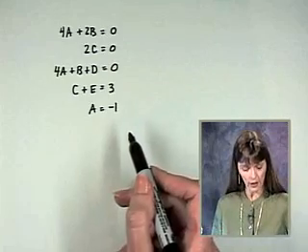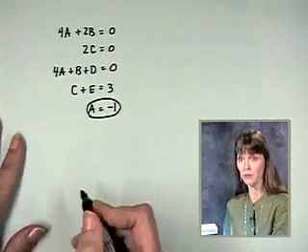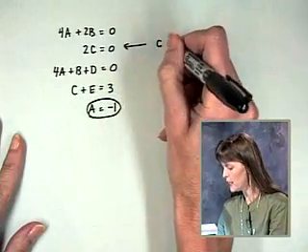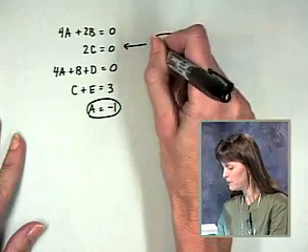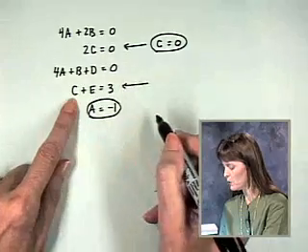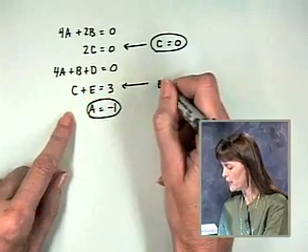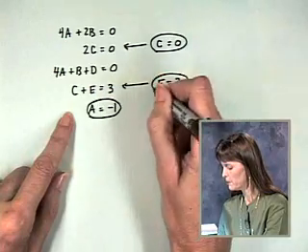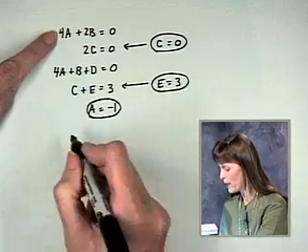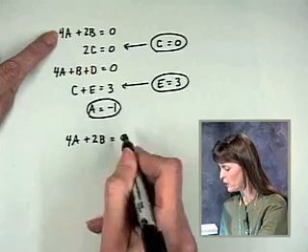What we note is that we already have a equal to -1. If we look at our second equation, we can note that c must equal 0. Now, c plus e has to equal 3, so 0 plus e has to equal 3, which means e must equal 3. Next, let's go to the top row where we have 4a plus 2b has to equal 0.